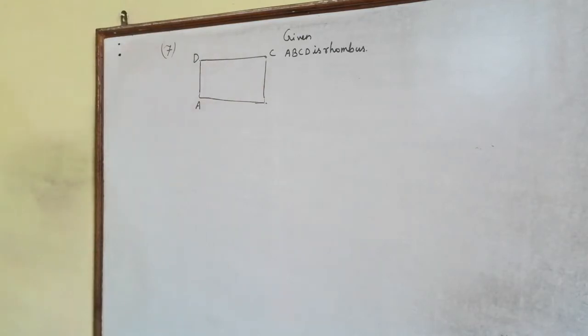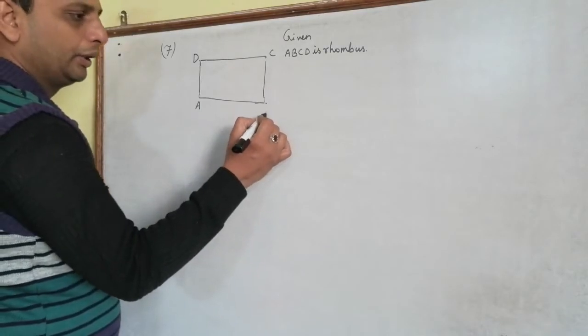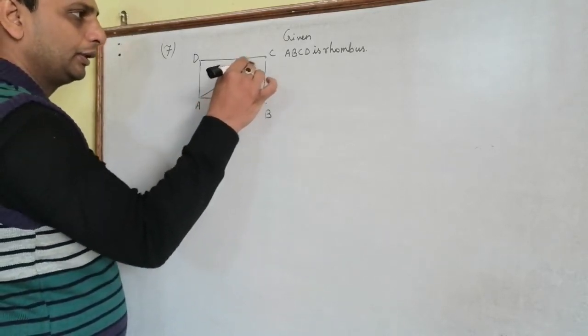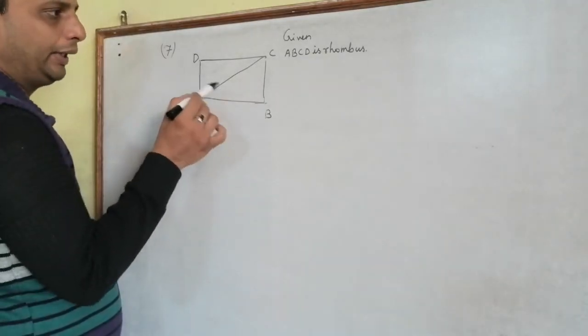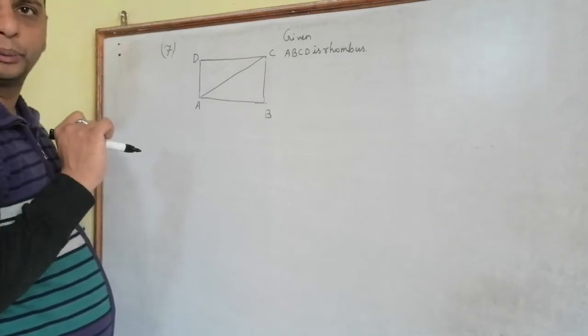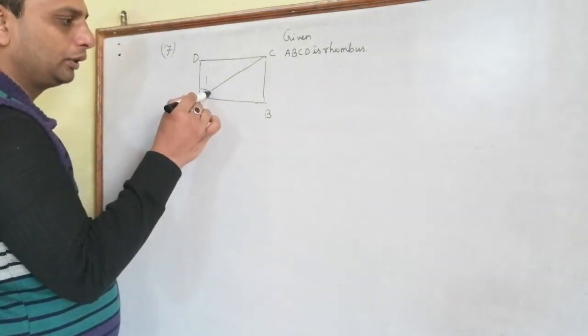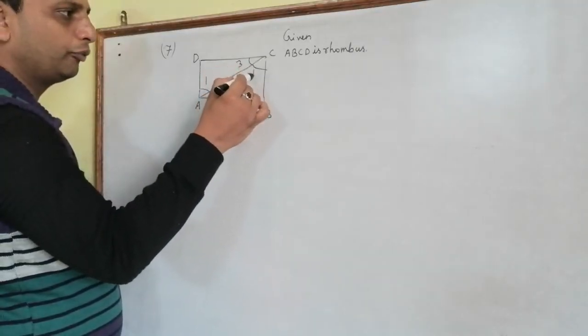Now what we have to do? We have to prove that diagonal AC bisects angle A and C. There is one figure ABCD, and there is one diagonal AC that bisects angle A and also angle C. It means it divides angles A and C into two equal parts. So I am going to write here 1, here 2, here 3, here 4.